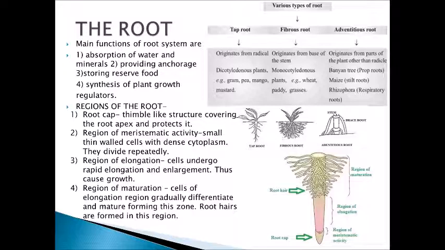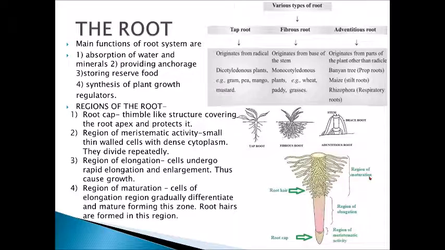The third part, after the region of meristematic activity, is the region of elongation. In this portion, the cells undergo rapid elongation and enlargement, and thus this causes the growth of the root.